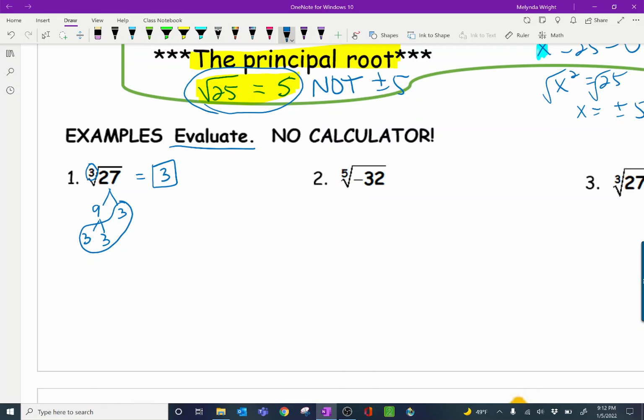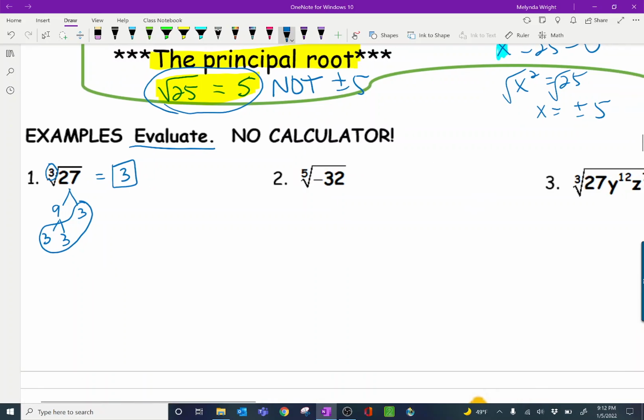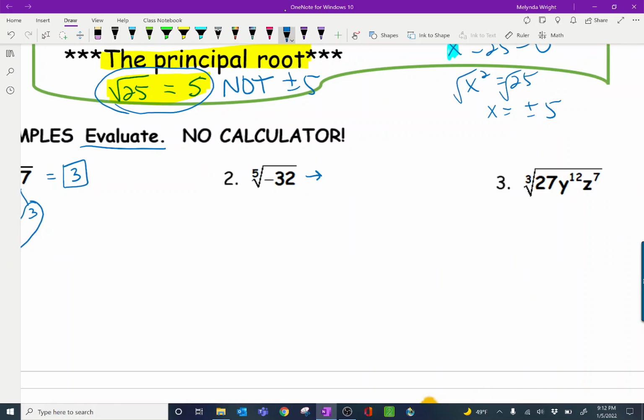Number 2, we have a 5th root. The negative sometimes troubles students, so I'm going to rewrite it. You don't have to do this, but I think it's helpful to really understand what's going on. The 5th root of negative 1 times the 5th root of 32 is the same thing that I have here. I'm just splitting it up so we can dissect what's going on.